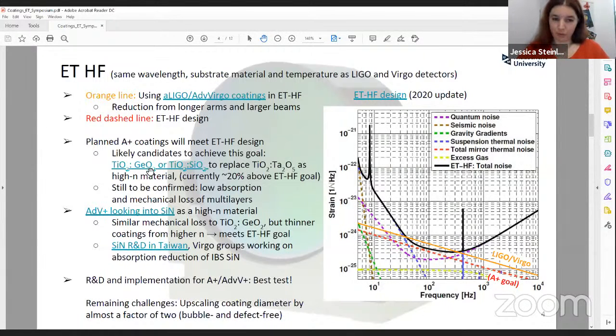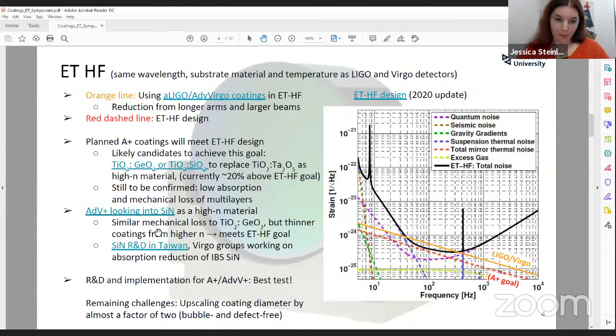But research here is not finished yet, so it still needs to be confirmed that the optical absorption can be low enough with one of these materials if the right deposition setup is used. It needs to get shown that a multi-layer coating shows a mechanical loss predicted from the single layers and such things.